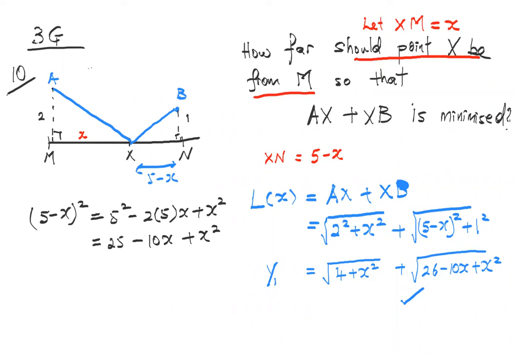I'm supposed to say y8 equal to 0, right? So you go to your solver. One side is y8, one side is 0. So when you put in your solver, E1 is y2, E2 is 0, because I want L prime x equal to 0, am I right?